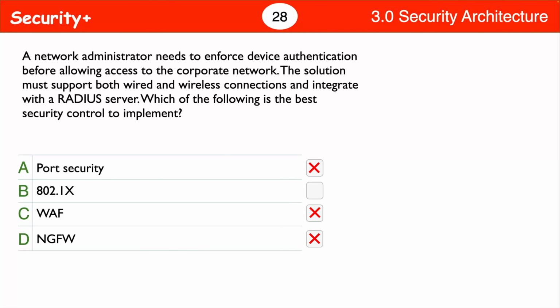And these are designed to filter traffic similar to a WAF, but it also does not enforce device authentication. And that leaves us with the answer B, which is 802.1X. And that's going to authenticate devices before granting access and supports RADIUS for wired or wireless connections.